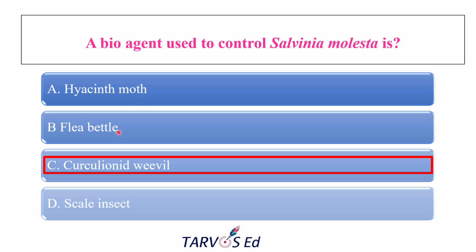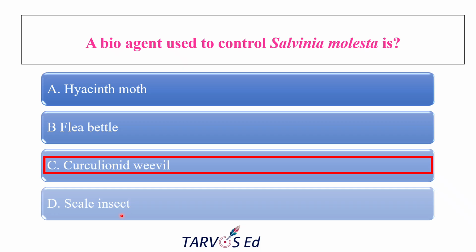Flea beetle is used for controlling the alligator weeds. And scale insects are mainly used for controlling prickly pear. Okay, cactus Opuntia control, prickly pear, not for aquatic weeds.